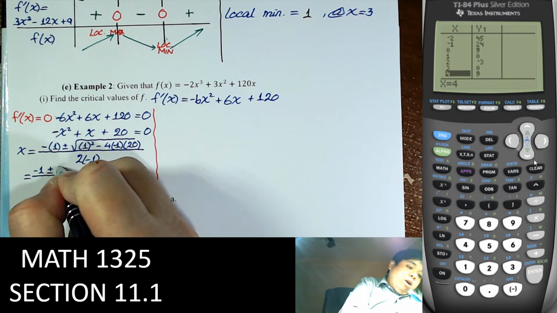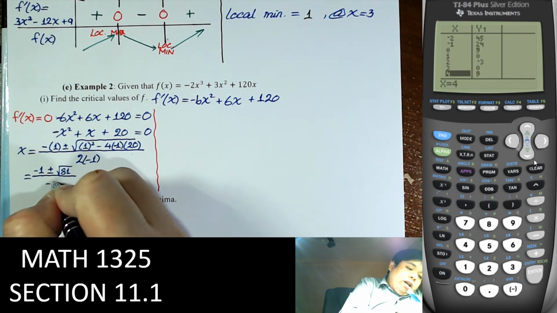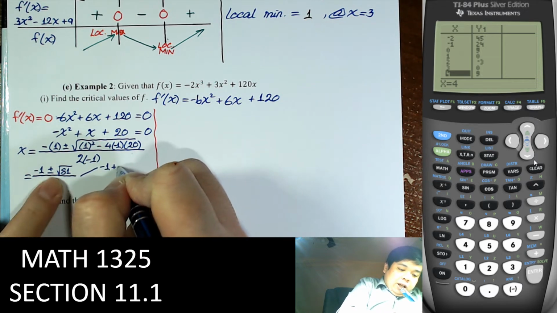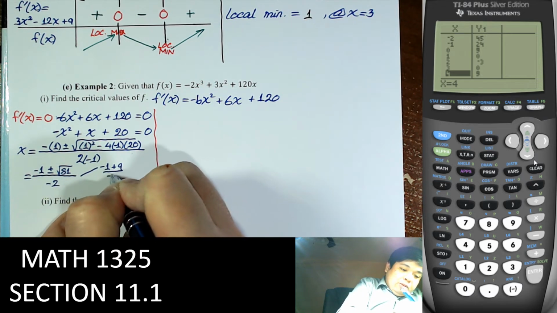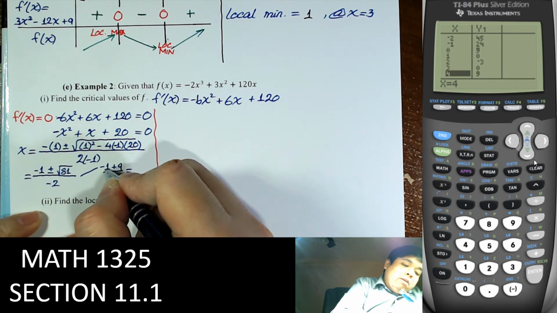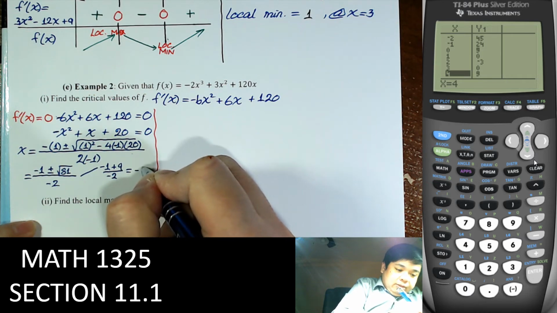Square root of 81 is 9, over negative 2. So we have negative 1 plus 9 divided by negative 2. That is 8 divided by negative 2, which is negative 4.